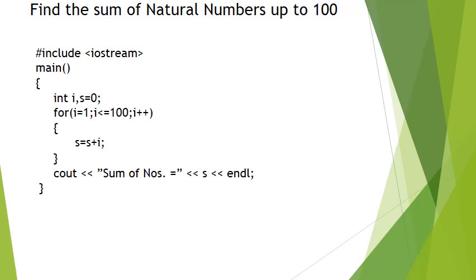So the condition is given as i less than or equal to 100. And we know that two consecutive natural numbers differ by one. So i is incremented by 1. Inside the for loop, I have given the statement s equal to s plus i. That means the value of i is added to the variable s. And outside the loop, I have written a statement for printing the value of s.